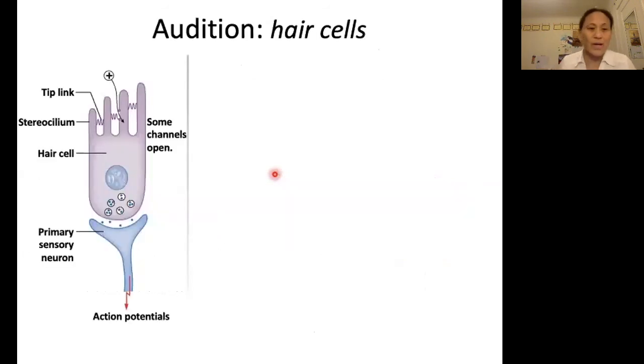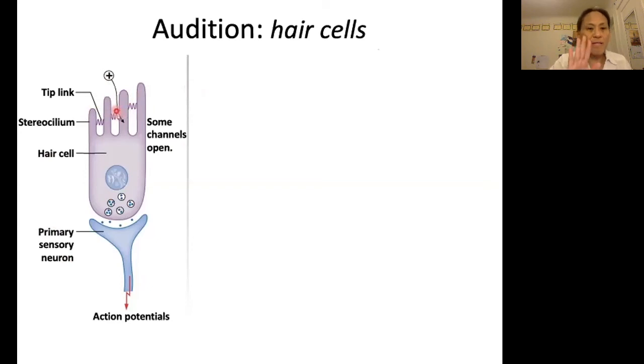So let's take a closer look at hair cells. This is what a hair cell looks like in cartoon form, of course. The hair cells have these stiff cilia at the top of them called stereocilia. Those stereocilia are linked to each other by protein bridges called tip links, okay? I forgot to mention, these tip links are connected to mechanically gated ion channels, okay?